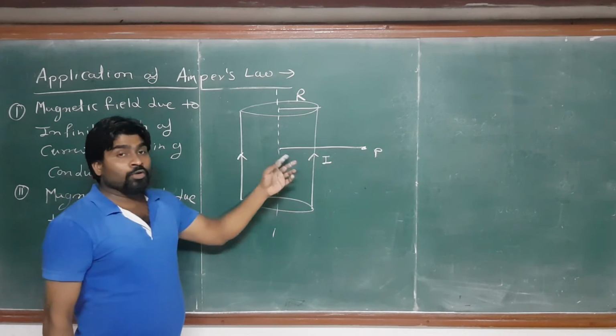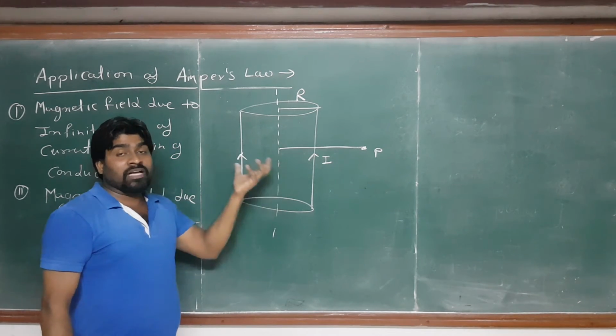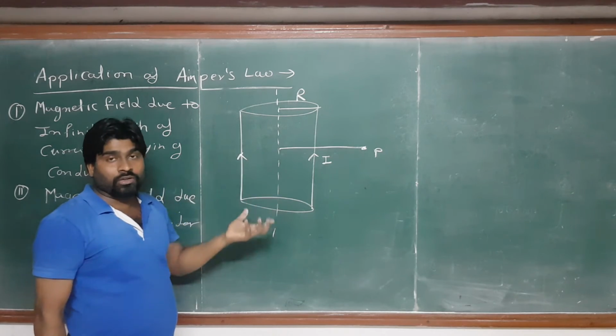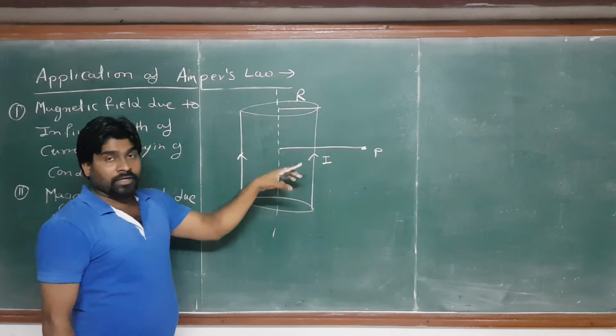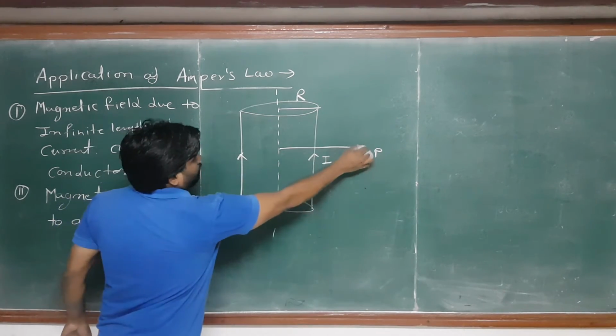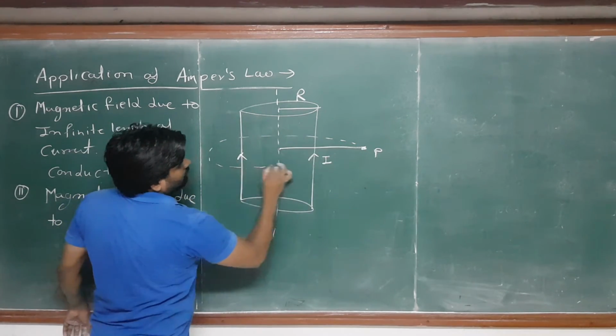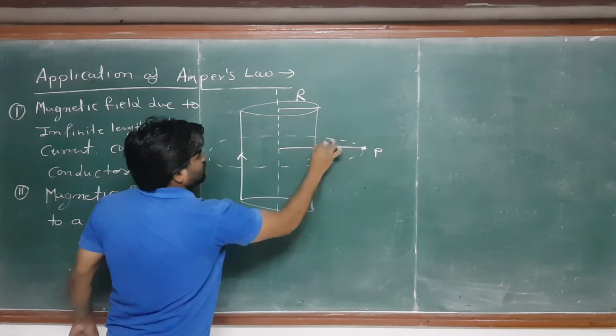So you have to imagine, as we imagine the closed surface in Gauss's theorem, a closed loop outside the cylinder. Let's suppose outside the cylinder there is a closed loop of radius r.